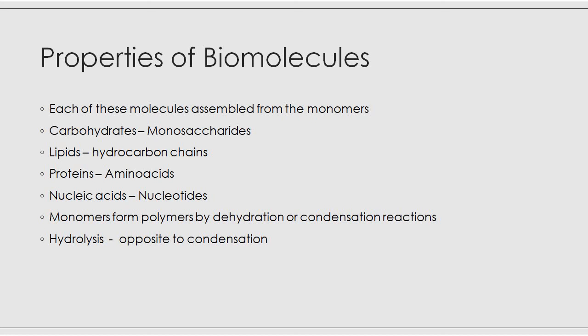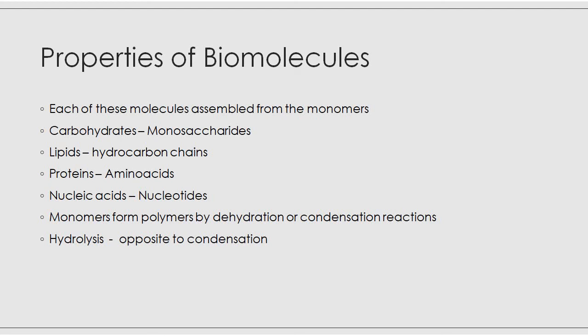So the amino acids are linked together by peptide bonds and form a big protein. And for nucleic acids, we have nucleotides, which are made up of A, T, G, C: adenine, guanine, thymine, and cytosine. That makes up the nucleic acid. Then we have the monomers forming polymers: the monomers undergo either dehydration or condensation reactions, and that is how they form the polymer.